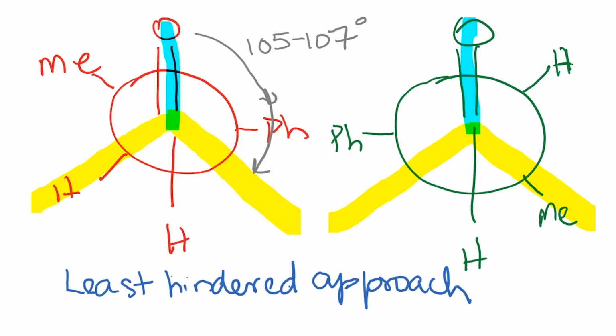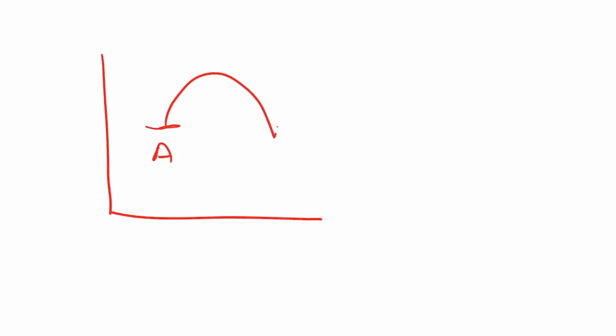Just to put this in perspective, let's look at the reaction profile. Let's say A goes to B. Now here is the transition state. So energy, reaction coordinate. Let's say I go now and make another analog, A1, or A2, and anything that results in an increase in the transition state energy.